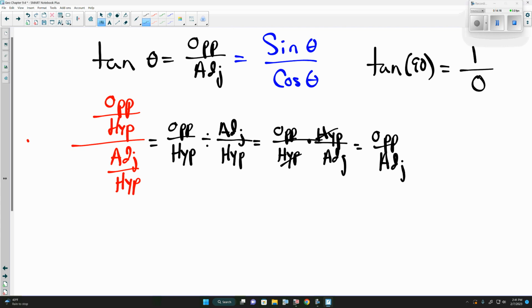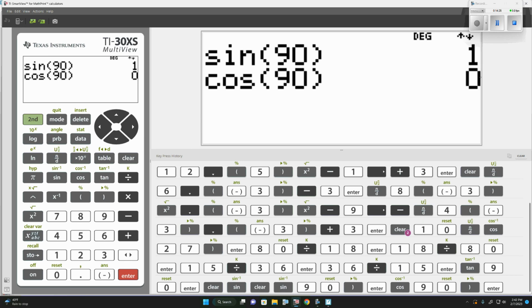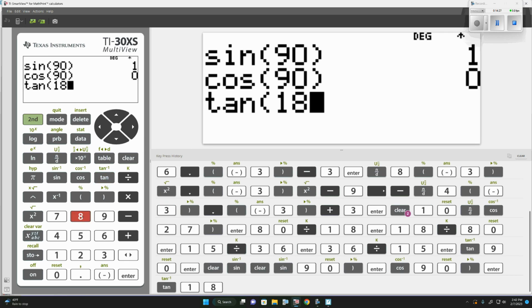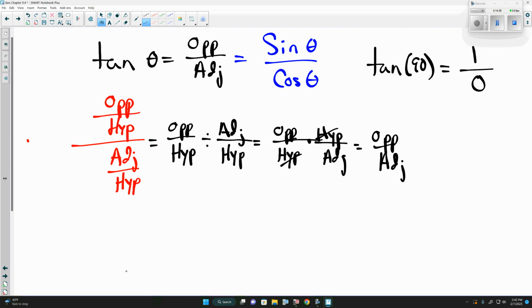So 90, 270, and going in increments of 180 from there. Because tangent of 180 does have a value. It is 0. Unfortunately, with right triangles, 90 doesn't help us much. So we get this here. Does that make sense?